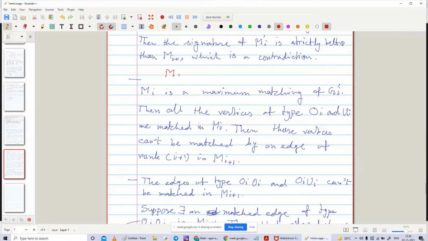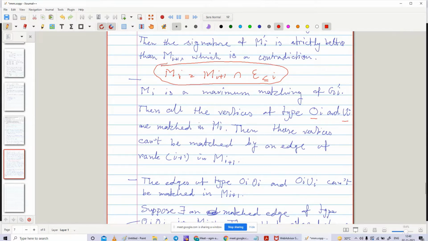M_i is basically M_{i+1} intersection edges of rank less than or equal to i. So this is M_i, right? And in M_i we have proved that those vertices of type O_i and U_i will be matched.